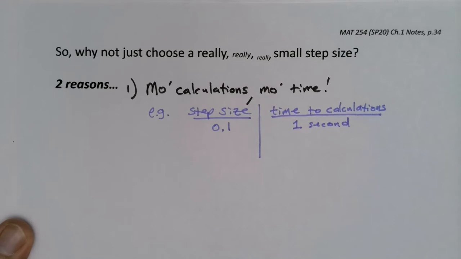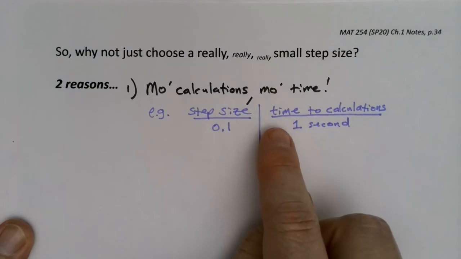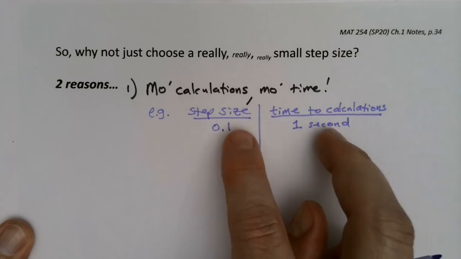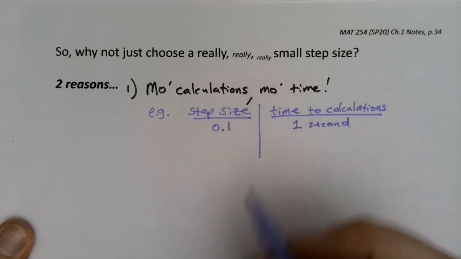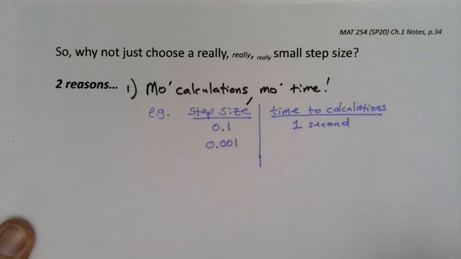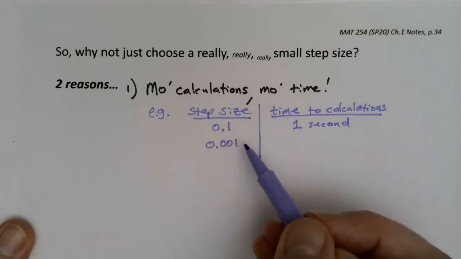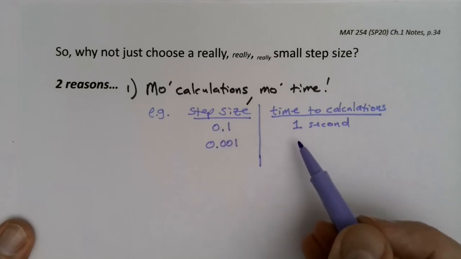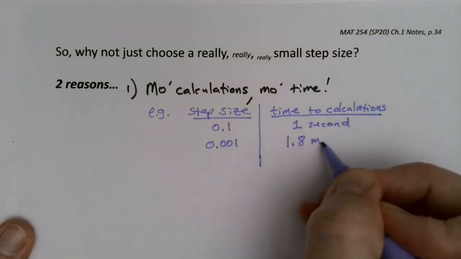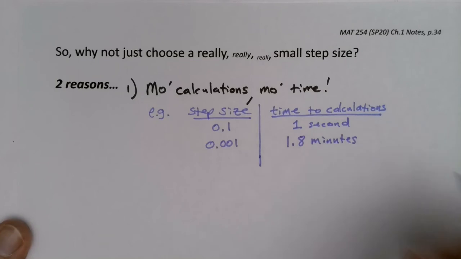Now, presuming that you're going to use the exact same computer to do different step sizes, we can do a quick comparison because this is a direct relationship. So imagine a step size of 0.001, literally 100th of the step size. Well, 100th of a step size means it's going to take 100 times more. Literally, it's going to take 1.8 minutes to do that calculation.